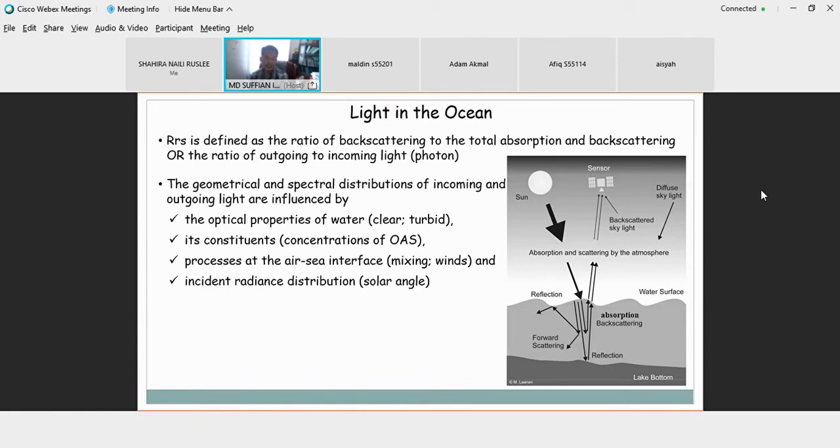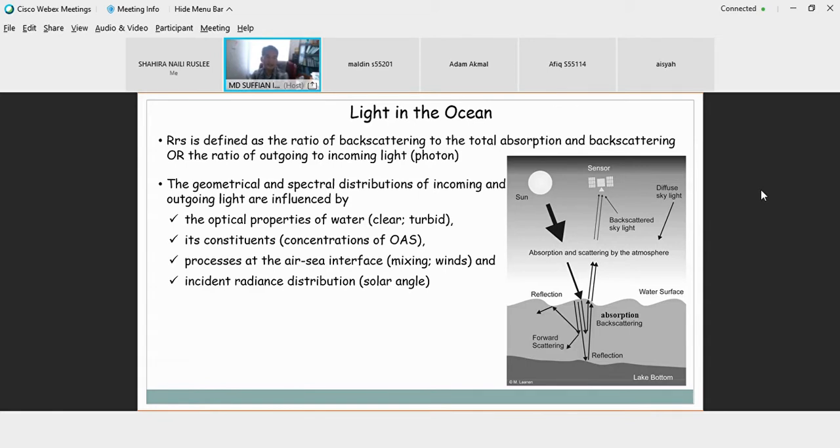Because of different concentrations of particles. Phytoplankton absorb more in the blue, suspended particulate matter also absorbs in the blue, and dissolved organic matter absorbs in the UV and blue. So when there is a lot of absorption in the blue, given the basic concept of RRS is backscattering over A, more absorption at a wavelength means it will produce low reflectance.